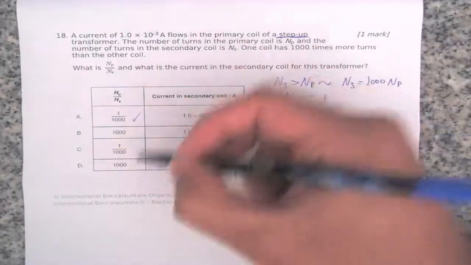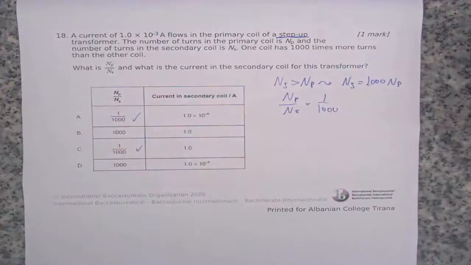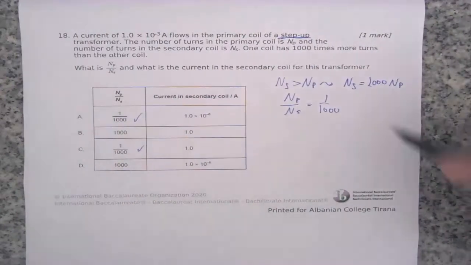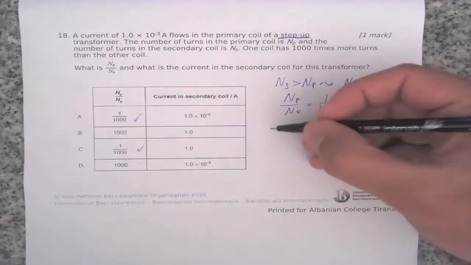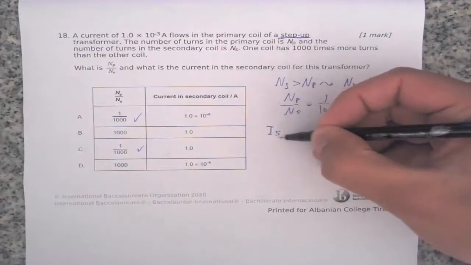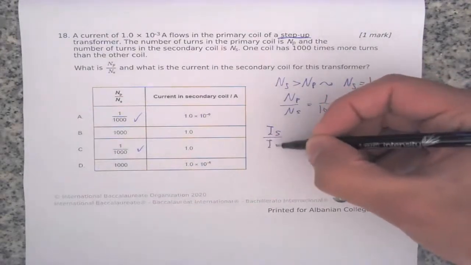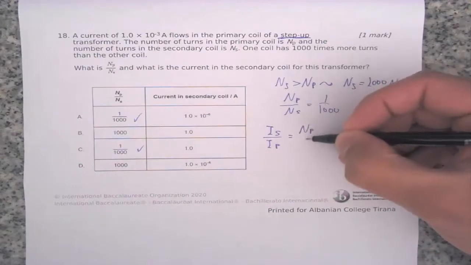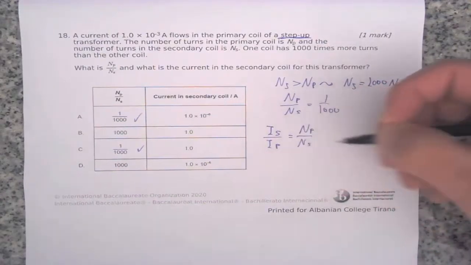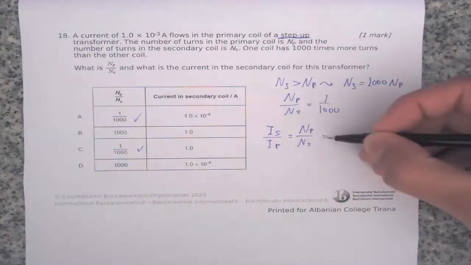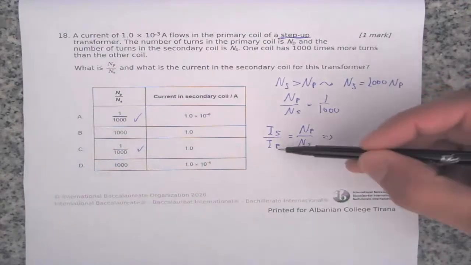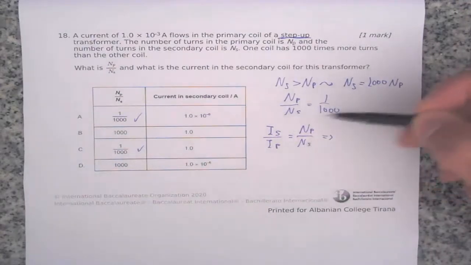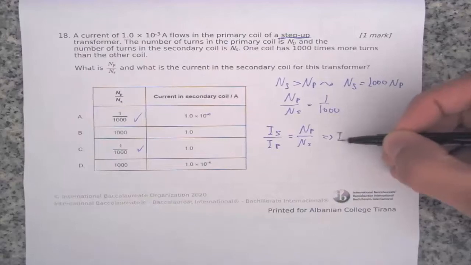So the correct answer is either A or C. Now we need to see what is happening with the current, and we have to use this formula that says that the current in the secondary over the current in the primary is equal to the number of turns in the primary over the number of turns in the secondary. So you know IP, you know the ratio NP over NS, so you have to solve for IS.